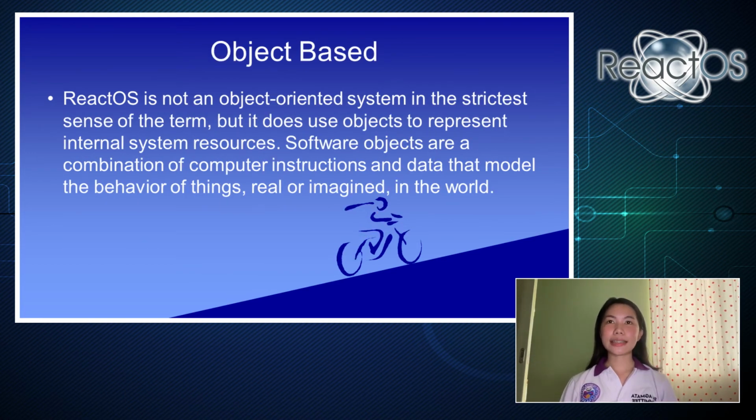So next is object-based. So ReactOS is not an object-oriented system in the strictest sense of the term, but it does use objects to represent internal system resources. Software objects are a combination of computer instructions and data that model the behavior of things real or imagined in the world.